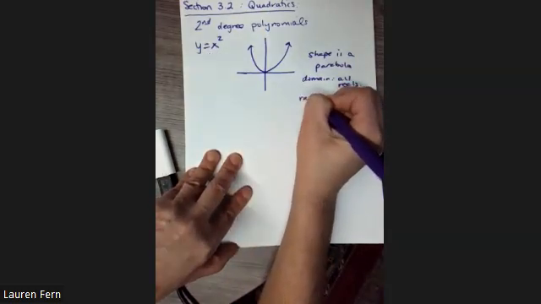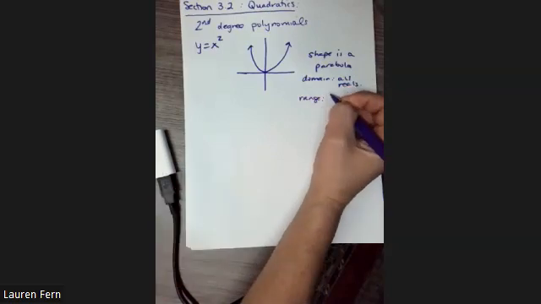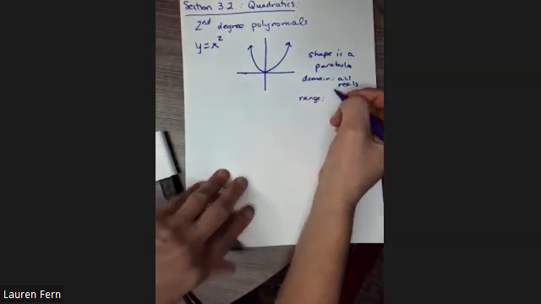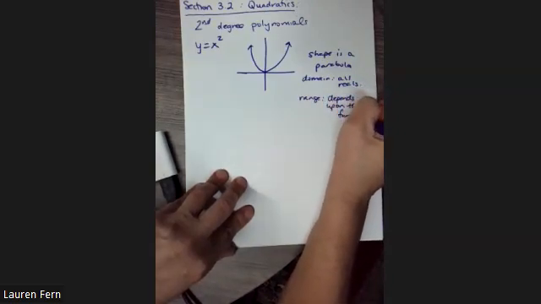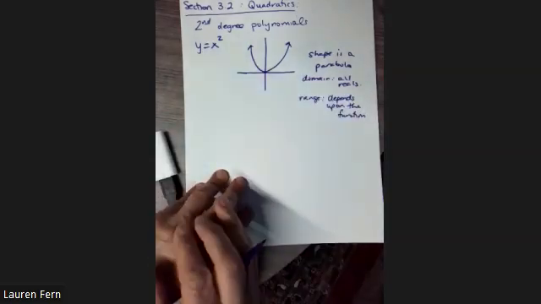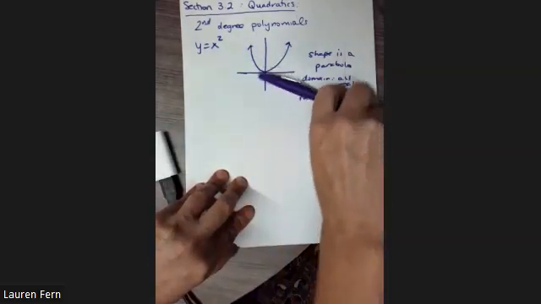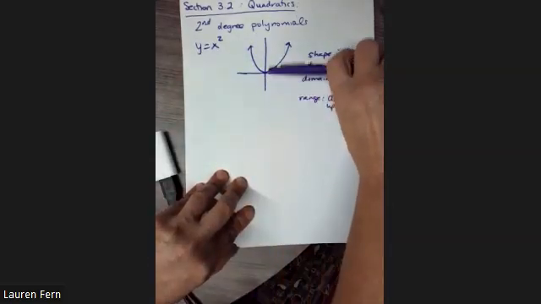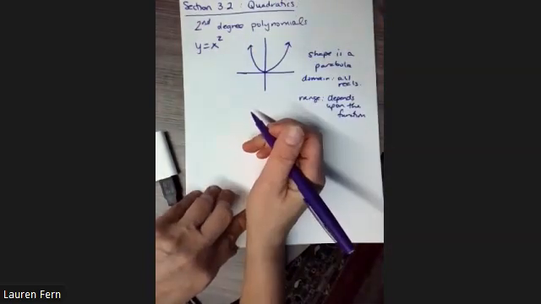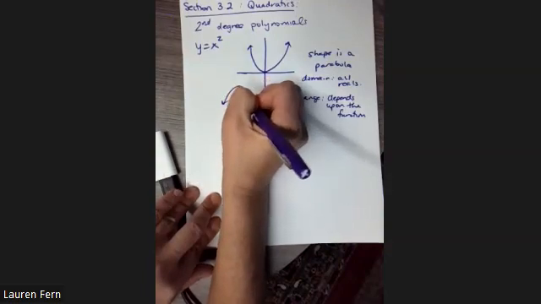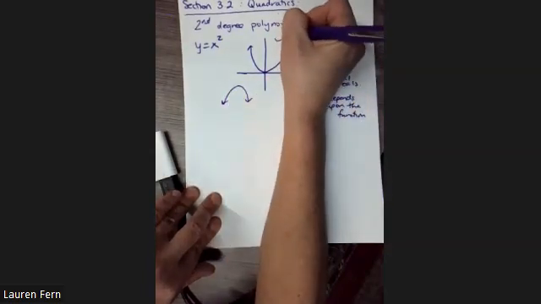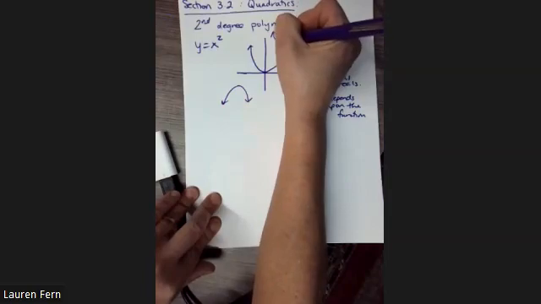Now, in terms of the range, well, that depends upon the function, because these things can be shifted and moved all over the place. For example, the range here would be from 0 up through infinity. Okay, but these graphs can also be down here or way the heck up here.